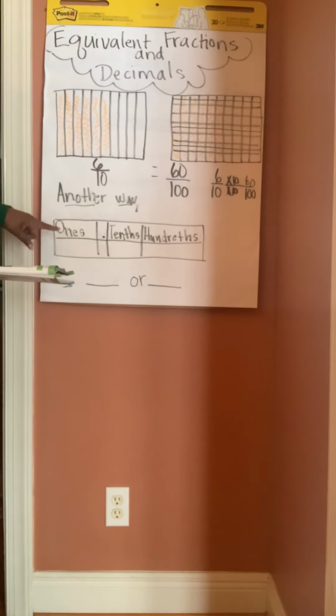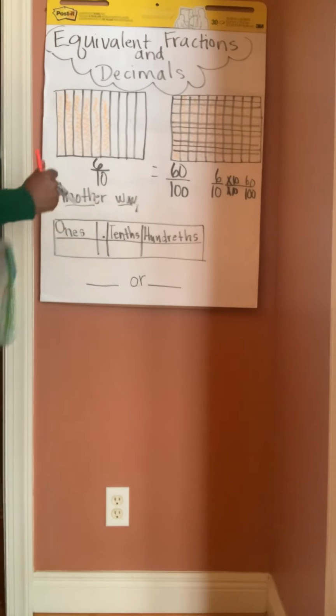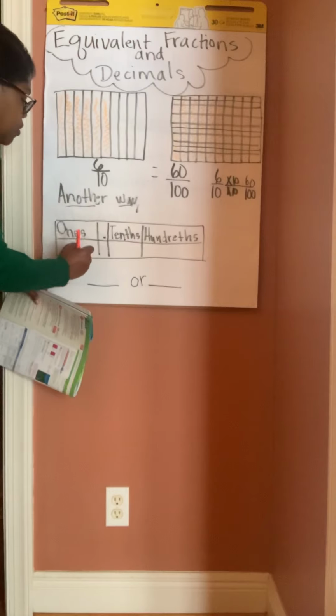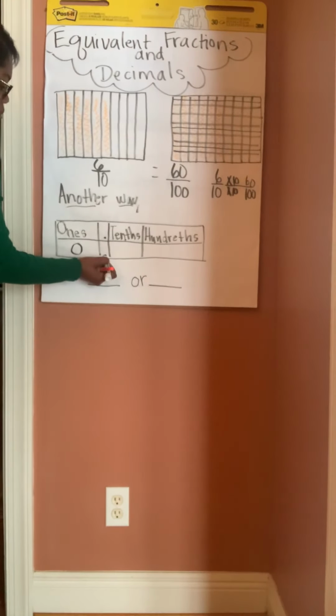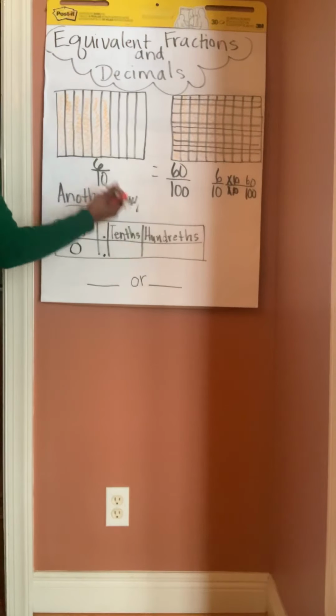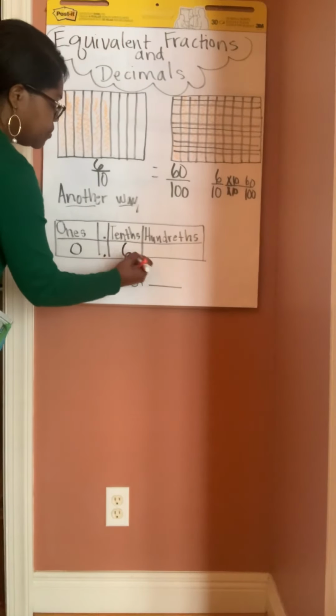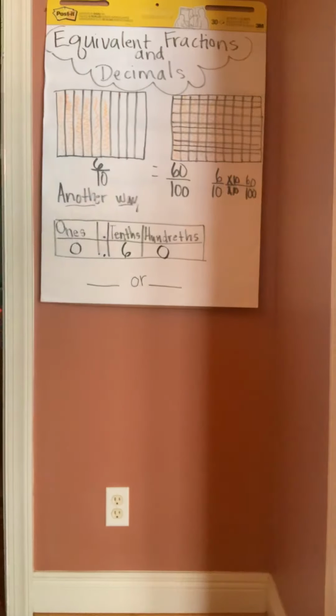So out of 6/10, I have 0 ones because I have 0 whole numbers. I've got to put my decimal. Tenths, I have 6/10. 0 hundredths.